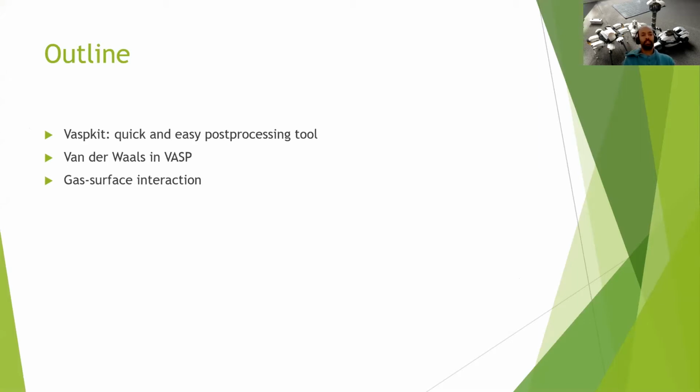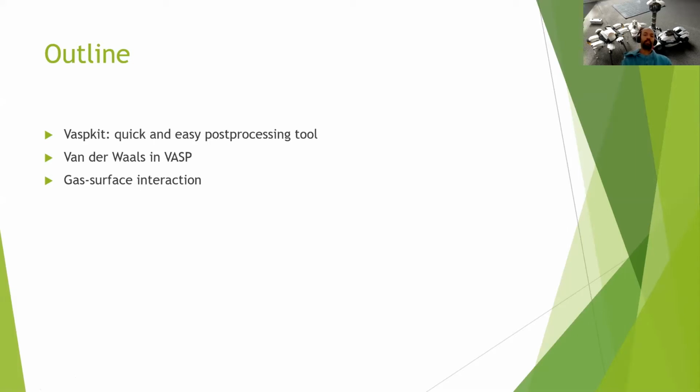So I want to discuss van der Waals in VASP and gas surface interaction. My plan was to go over vaskit, but that will take a lot of time. So I'm afraid I'm going to have to skip vaskit for this tutorial and maybe move it over to another tutorial where I discuss how you can calculate the band structure for a defect in diamond, for example, like the NV diamond defect.